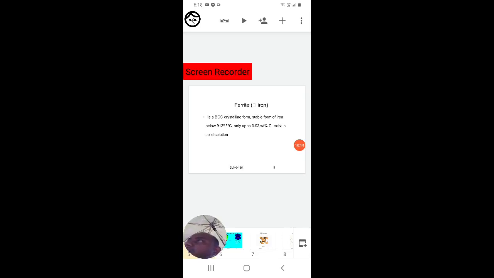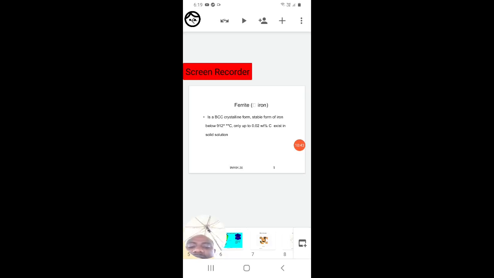It is the softest material in the iron carbon equilibrium diagram. Ferrite is the BCC structure, the stable form of iron below 912 degrees centigrade. It is an iron carbon interstitial solid solution with only 0.02% carbon.